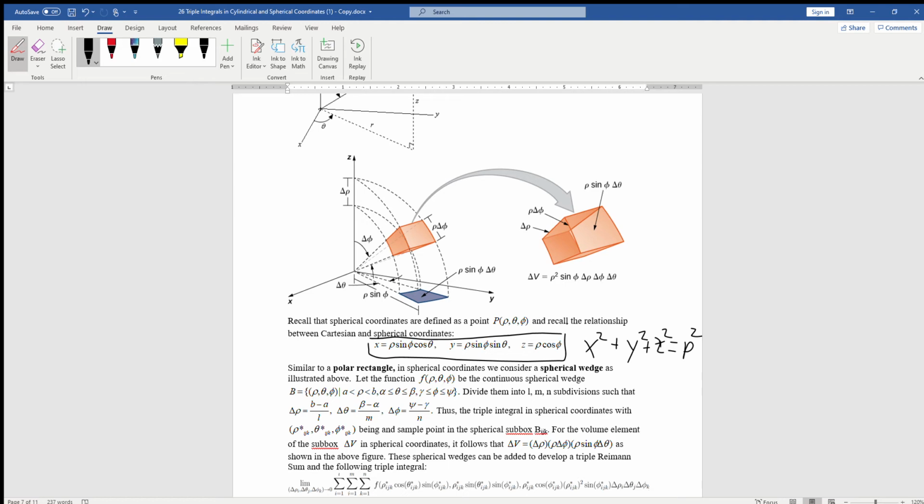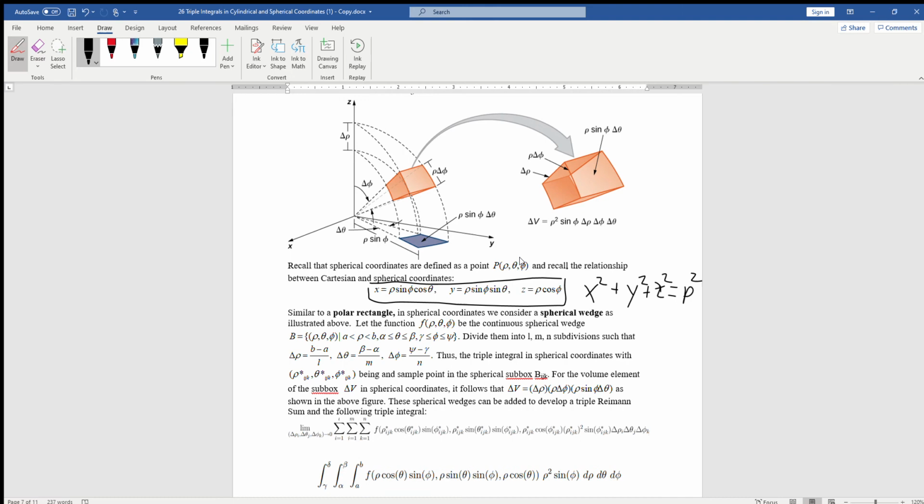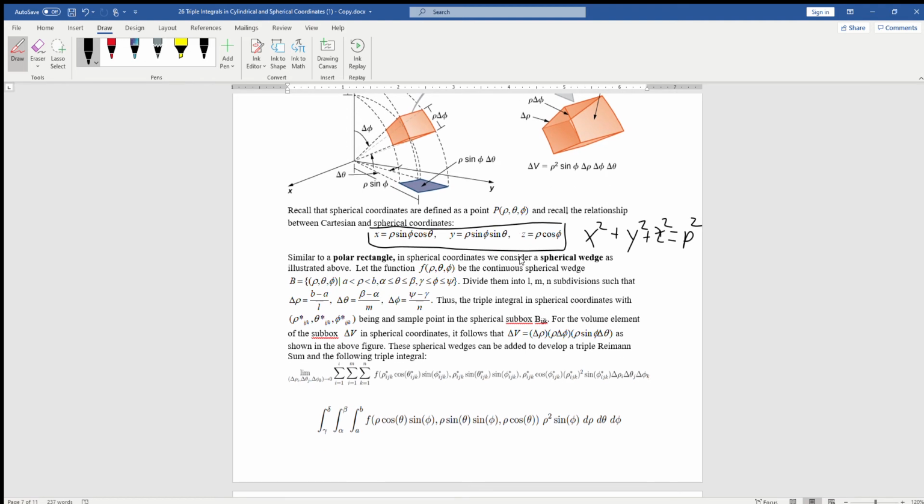And so if we went through and did some algebra and substituted back in for x, y, and z, similar to how we got r dz dr d theta, then eventually we would get another multiplier, and the multiplier that we would end up getting is rho squared sine phi d rho d theta d phi.